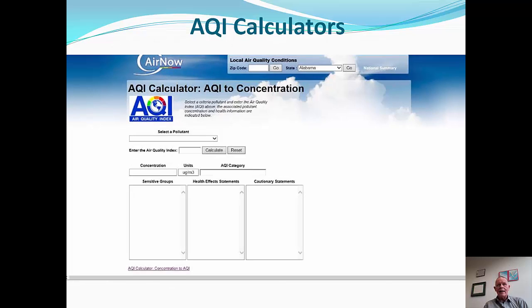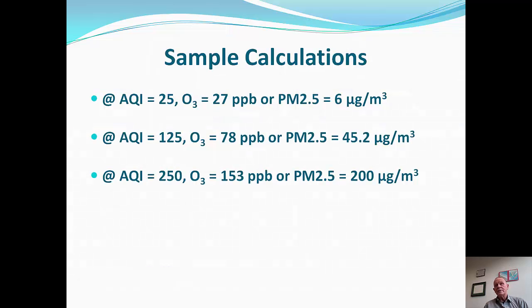The other side of that is you can put in the air quality index that you see being reported, like if it's 55 or 60, and it will give you the corresponding ozone or PM2.5 level that corresponds to it.